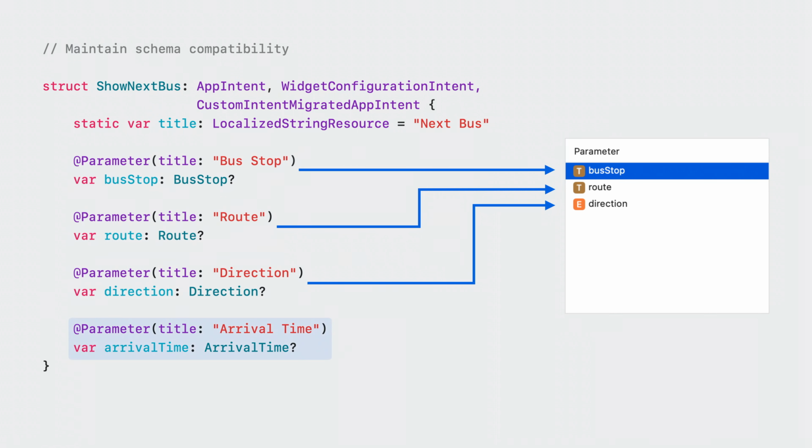Feel free to add new parameters to your App Intent. You can add an optional parameter, or even a required one that has a default value. Existing widgets created before the parameter was added will pick up an empty value for that parameter, or a default value if you provided one.